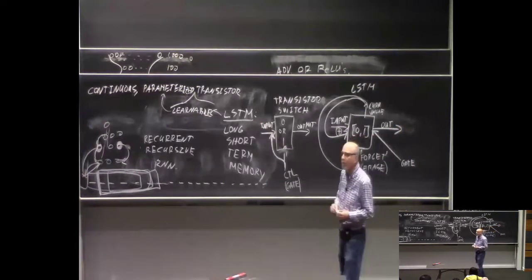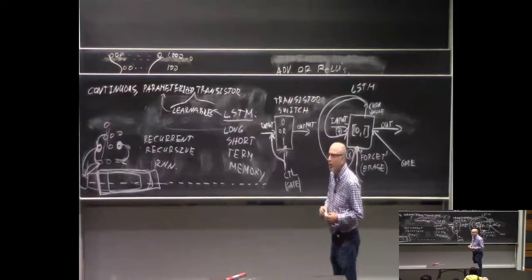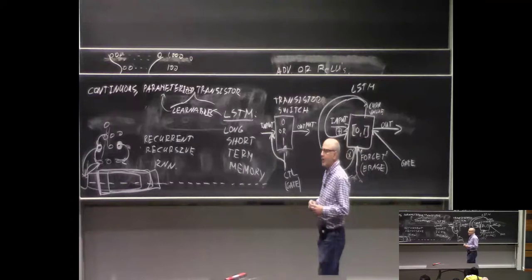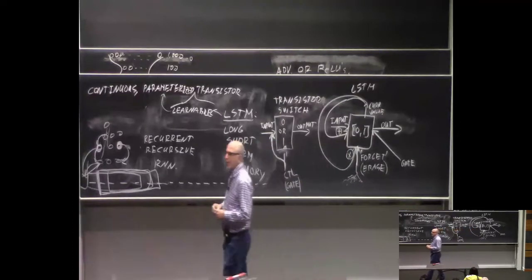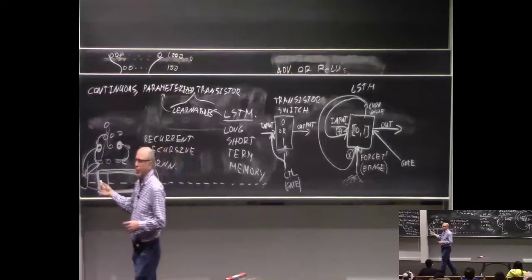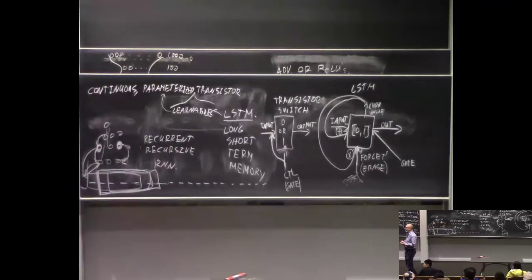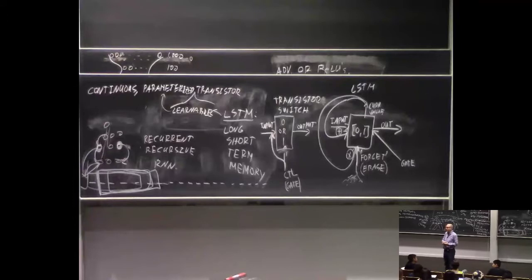I think if you have a particular sequence, like at the third frame, you determine that you want to forget, you only want to keep one frame of memory, and after that you couldn't trace back to the very first frame. I see. You're saying that once you forgot something, you cannot go back? I think that's why you call it long short-term, because you only determine whether you want long or short term in one sequence.